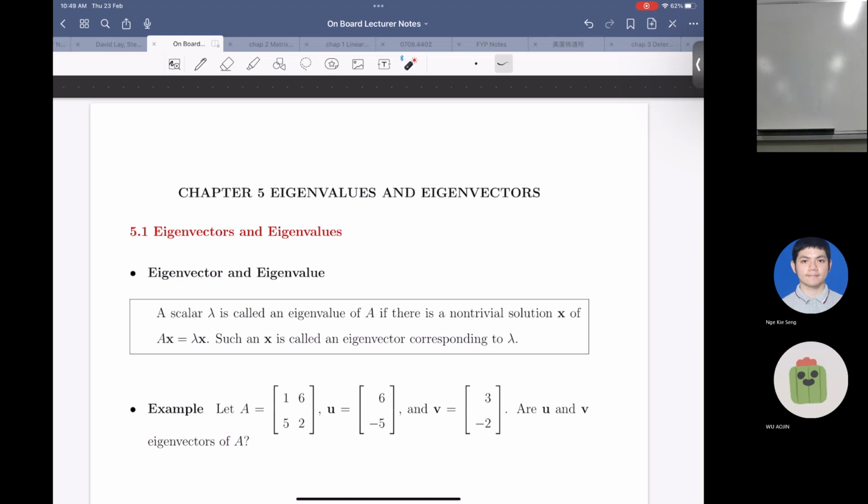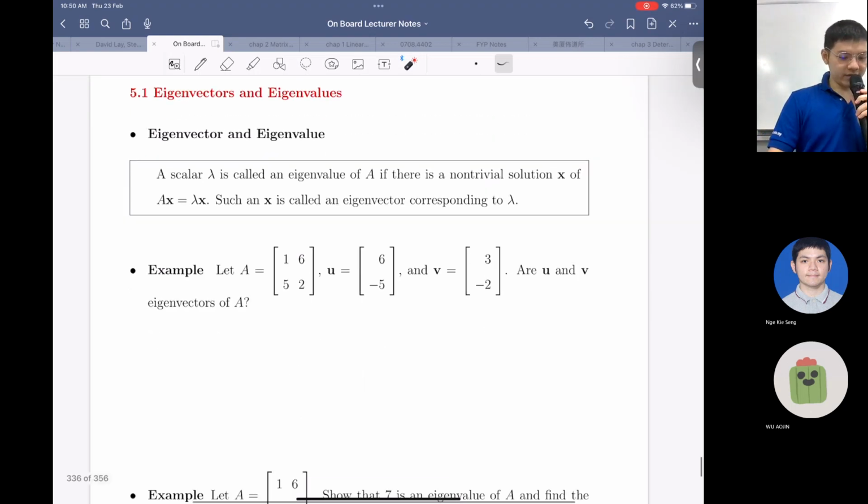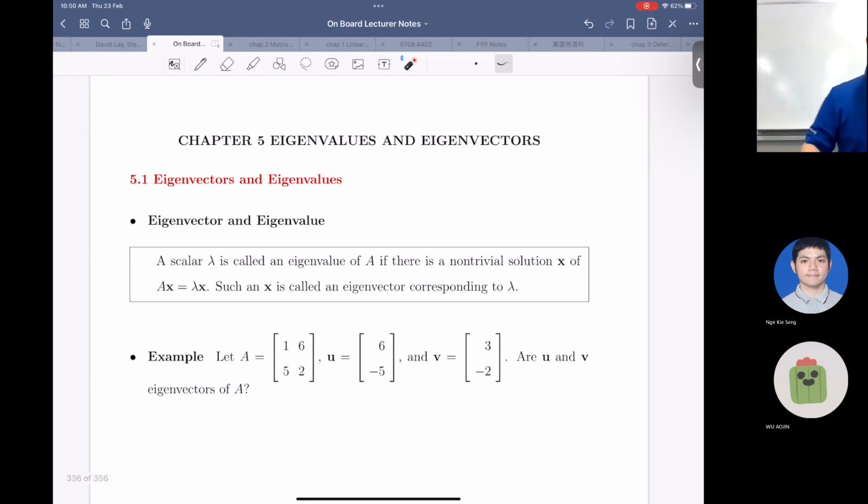Okay, so the next chapter is chapter 5, eigenvalues and eigenvectors.